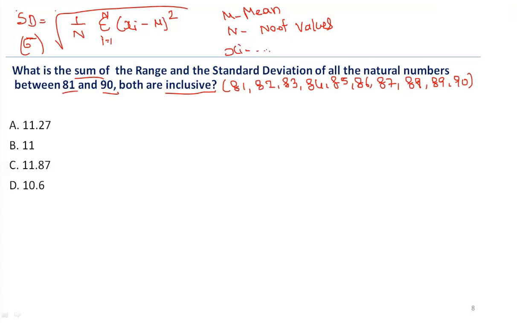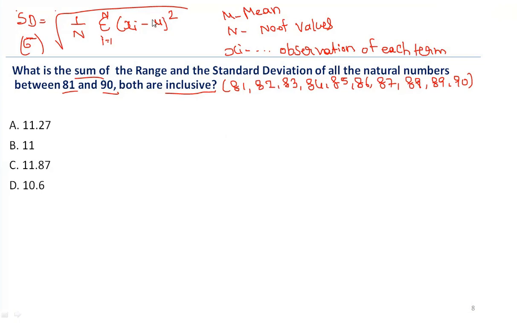Xi, like x1, x2, are nothing but values here, or otherwise observations. Okay. Now, how to find out standard deviation and range for the given data using this formula.